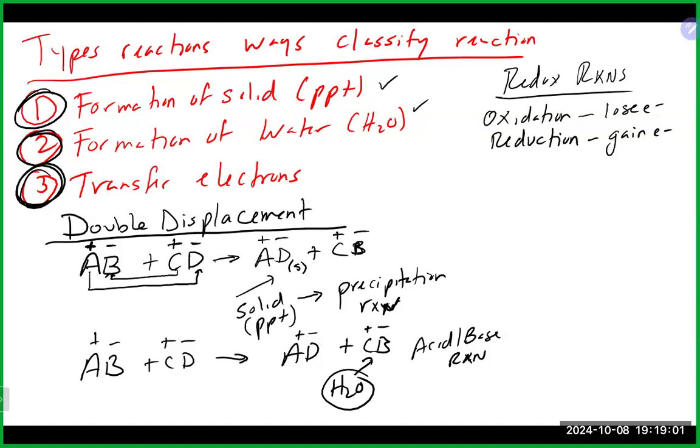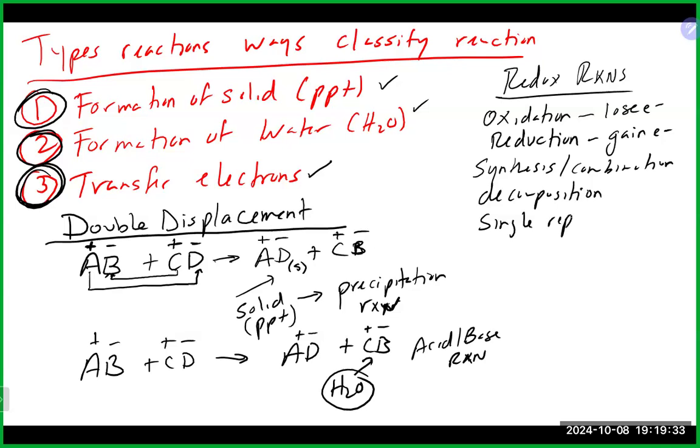If somebody's losing and gaining electrons, we have electrons being transferred in a redox reaction. Now, under the big category of redox reactions, you have a lot of classifications that you might be familiar with. You have your synthesis reactions, or your combination reactions. You have your decomposition reactions. You have your single replacement reactions.